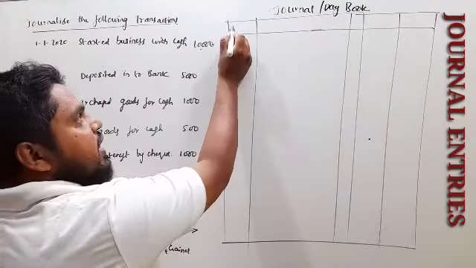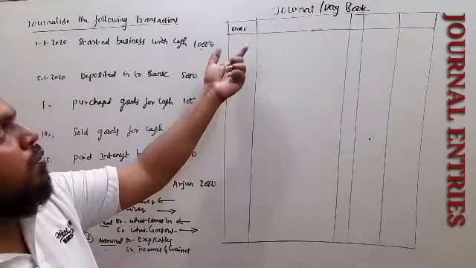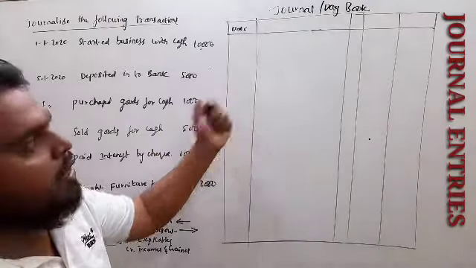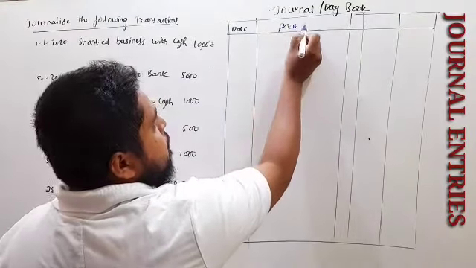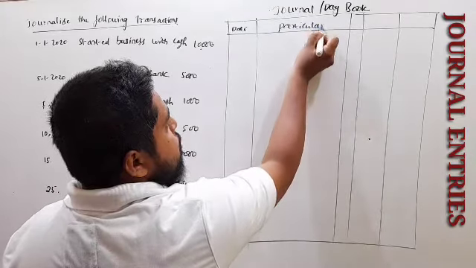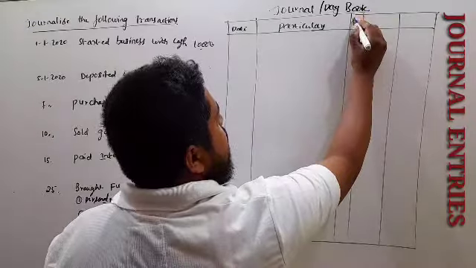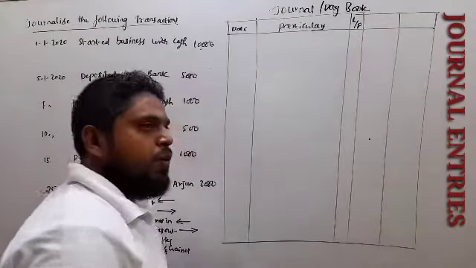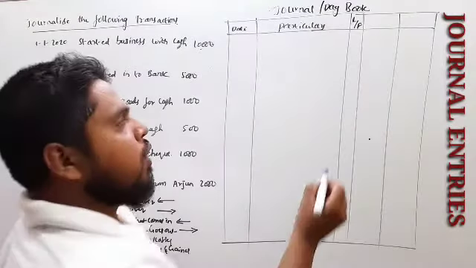First, a date column. If you get a date, you put the date here, or a serial number. Then particulars, and ledger folio. Ledger folio means the page number of the ledger.